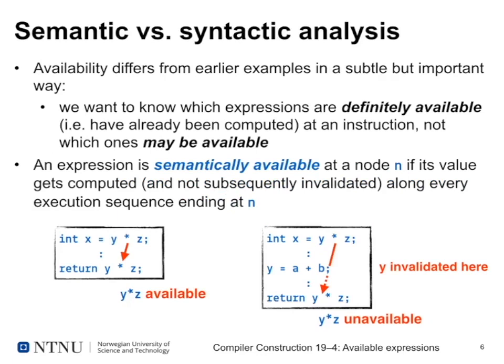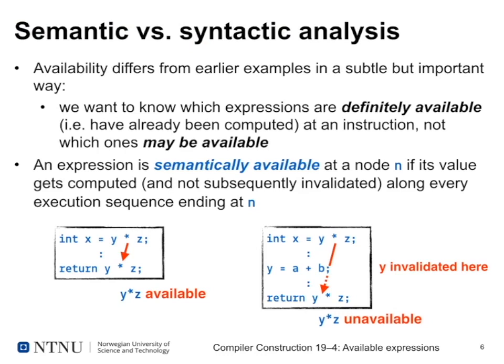The most important way is the way these analyses look at availability. We are looking at a difference between semantic and syntactic analysis here. Availability differs from previous examples we've been looking at in static analysis in a very subtle way, which is very important.